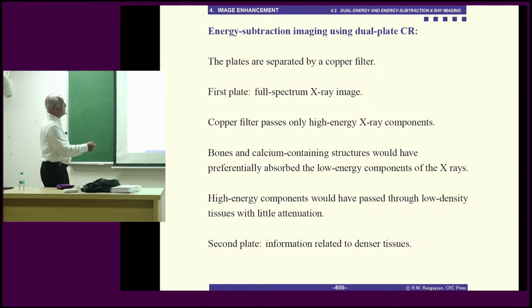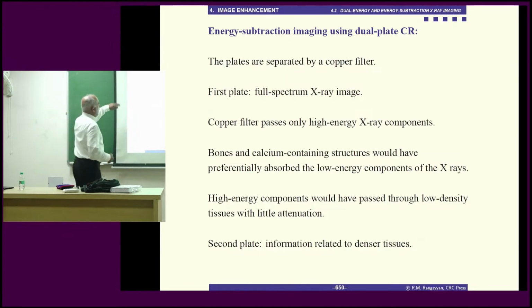The first plate gives you the full spectrum of what has come through the patient, plate or film. The copper filter passes only high energy photons of what is there, and the second plate takes a picture of that. Bones and calcium-containing structures would have preferentially absorbed the low-energy components of the X-rays. And high-energy components would have passed through low-density tissues without much attenuation.